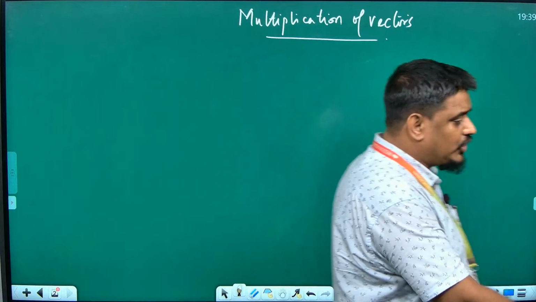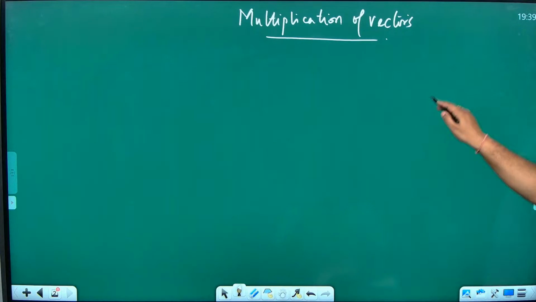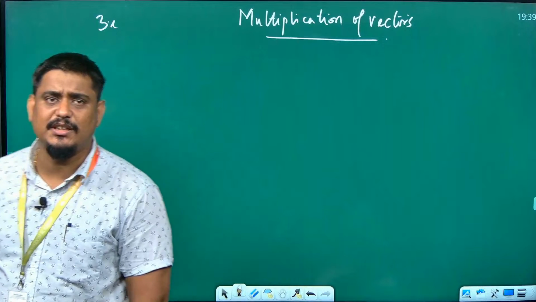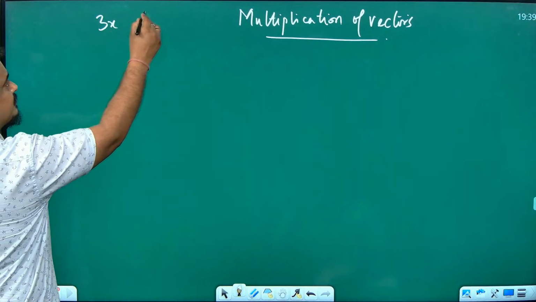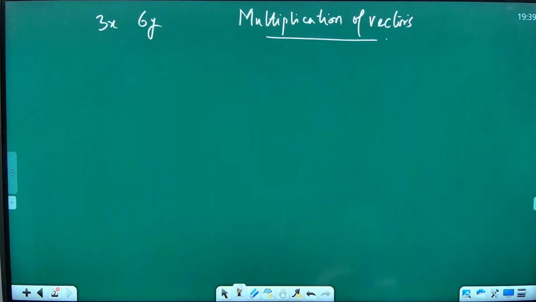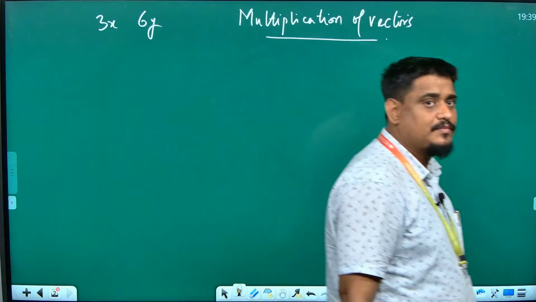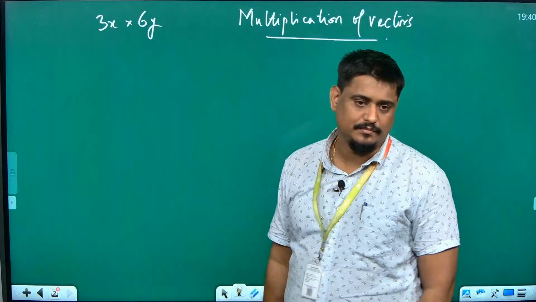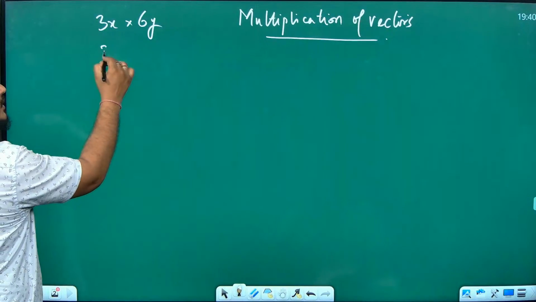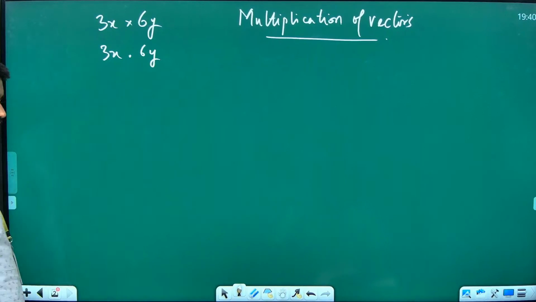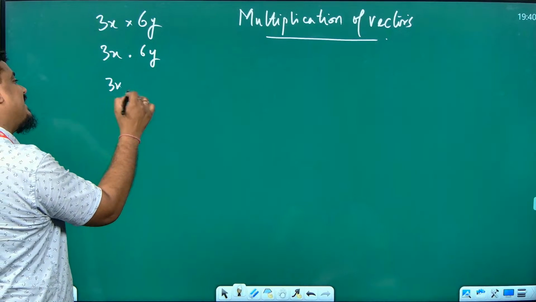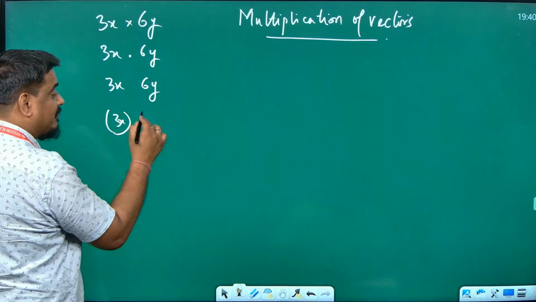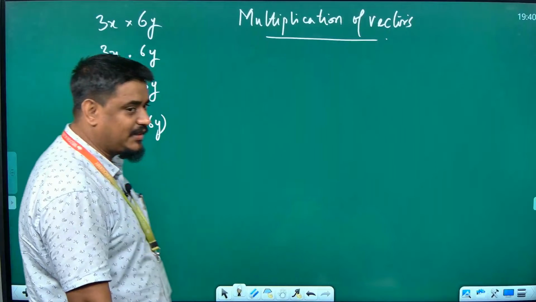Okay. So if you have two expressions, for example, if I am having one expression 3x, if I am having another expression 6y, 3x and 6y, if some student is putting dot between them, if student is not putting anything between them, if some student is putting a bracket between them, they all have the same answer, right?